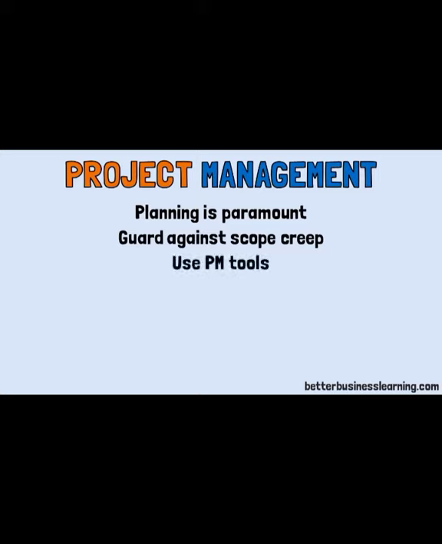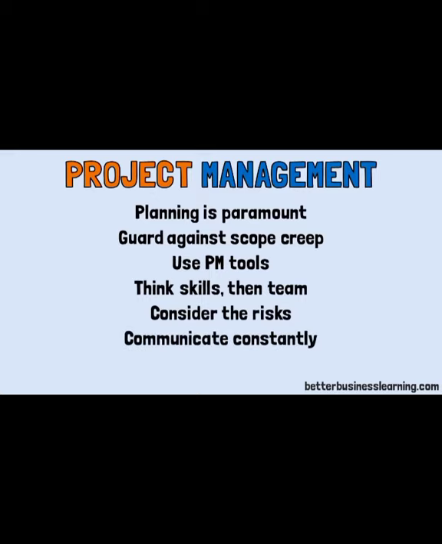Make sure you know about and use available project management tools. Think about the skills your project needs before building your team. Think hard about what risks your project could face. Communicate like an orchestral conductor during implementation. And don't forget, review, reflect, and report on your project's successes and shortcomings so your team learns from the experience.